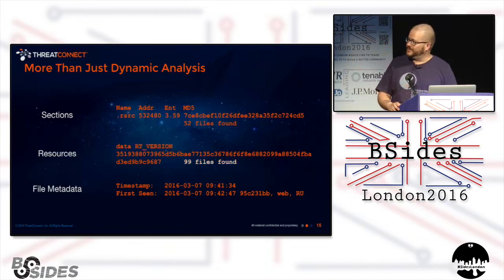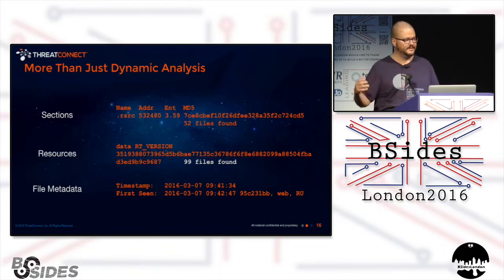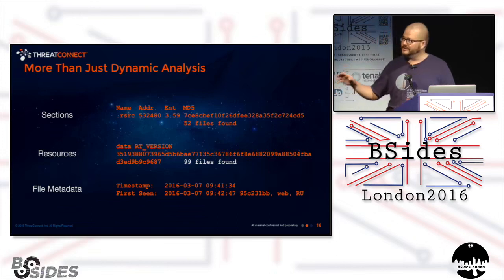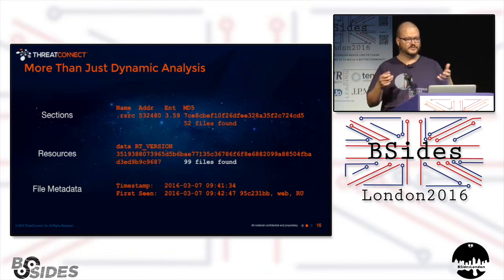And so by running this through the VirusTotal database, I found 99 other files that are related and use this same RT version resource. So then I can take those 99, combine it with the 52. There was actually a lot of overlap between those two groups of files. And now I have an even larger set of files that I can analyze and find more information about what's happening to me in this particular file that I found.